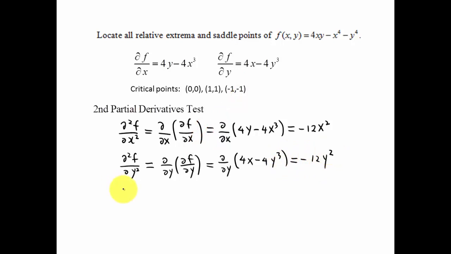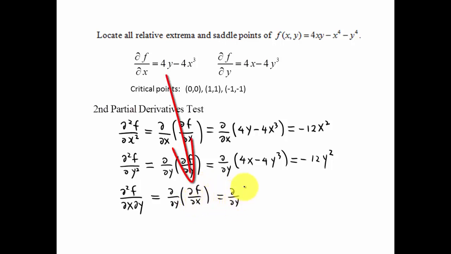And partial differentiation of f with respect to x, then with respect to y. So it's partial differentiation with respect to y of 4y minus 4x cubed, which is equal to 4.